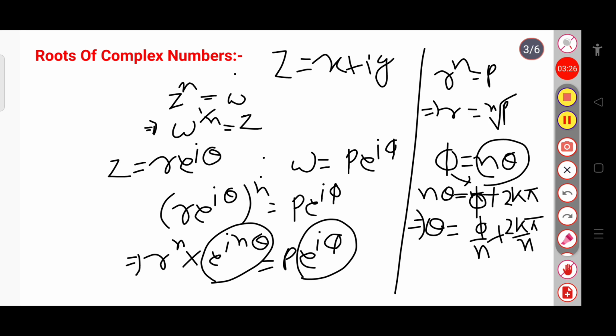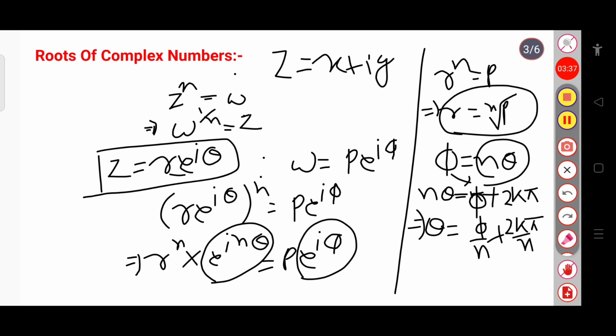So if I write z equals r exponential I theta, then I have to put r equal to p power 1 by n, and in place of theta I have to put phi by n plus 2k pi by n.